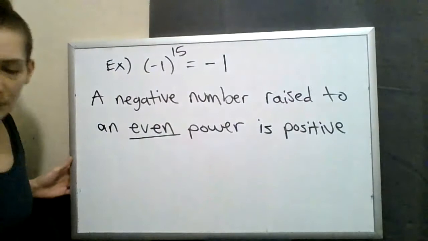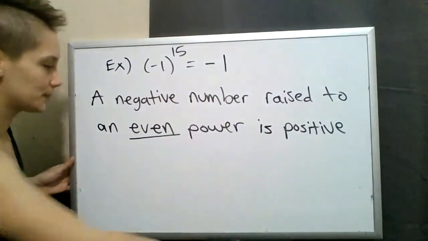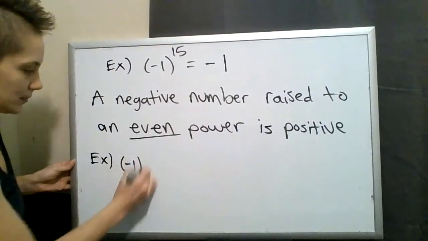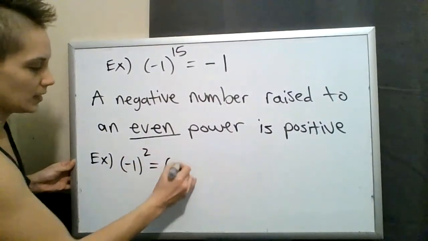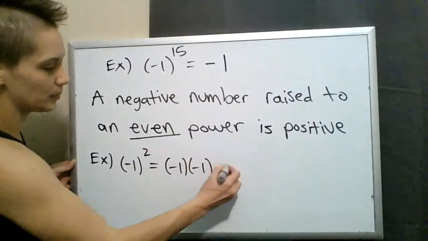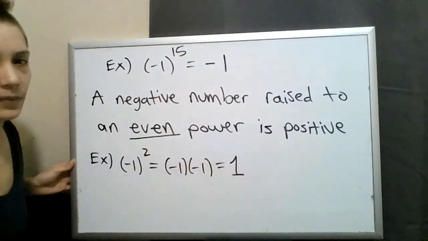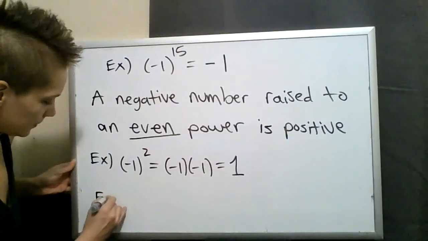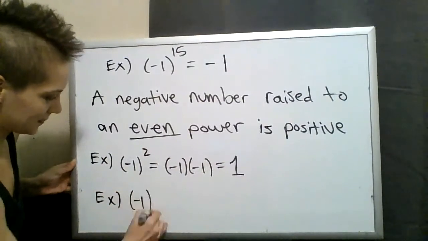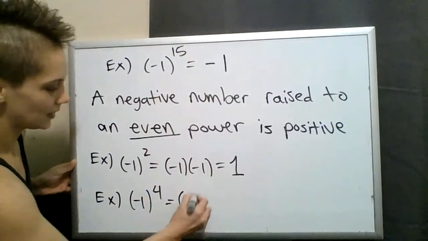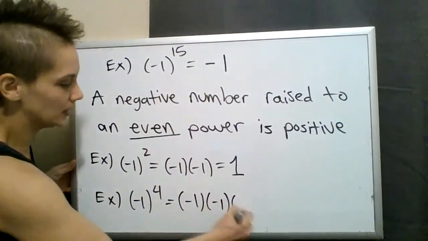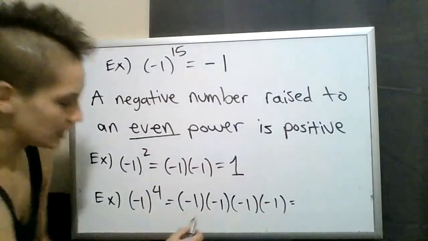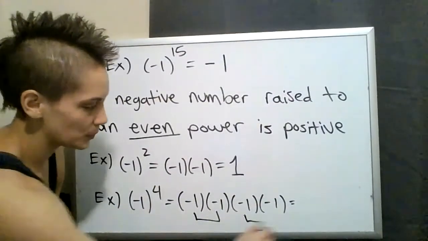Let's go back to something like -1 squared. -1 times -1 is positive. -1 to the 4th. This is 4 times. Let's pair these together and get +1 times +1.